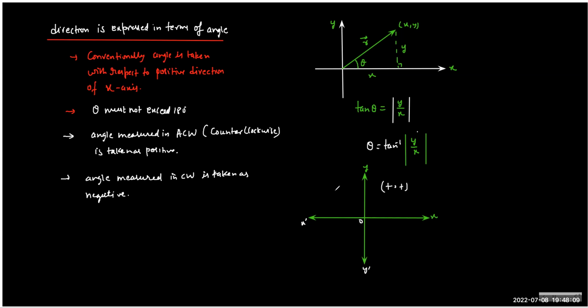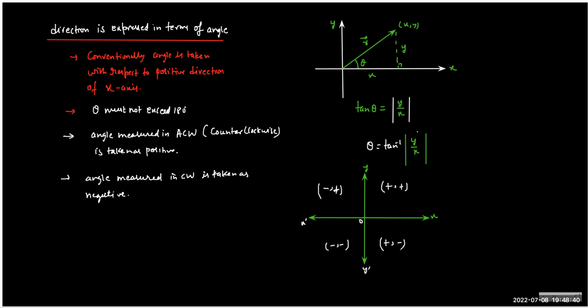But if you're in the second quadrant, what will you see? Towards the x-axis, you will see negative x, but positive y. In the third quadrant, you will see both negative. And in the fourth quadrant, positive x, negative y. So we are all aware of the quadrants and the signs of the numbers.